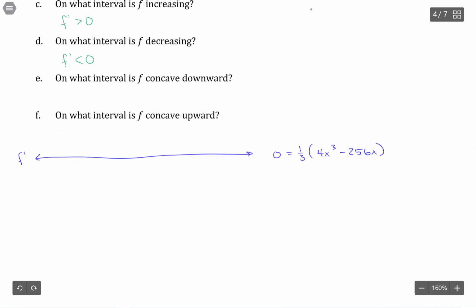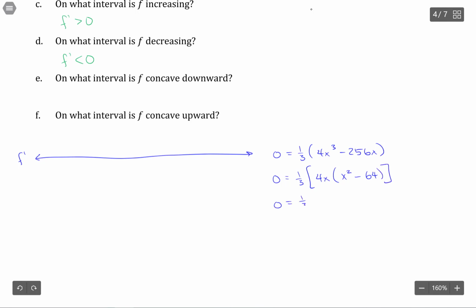Okay, so I'll leave the 1/3 in, just out of habit. But inside these parentheses, I'm just changing to a bracket so I can distinguish it from the parentheses. I have a common factor of 4x, which I can pull out, and that would leave me x squared minus 64, it looks like.